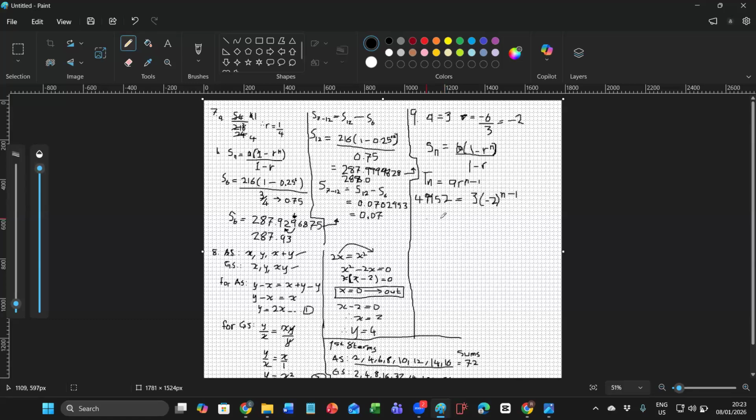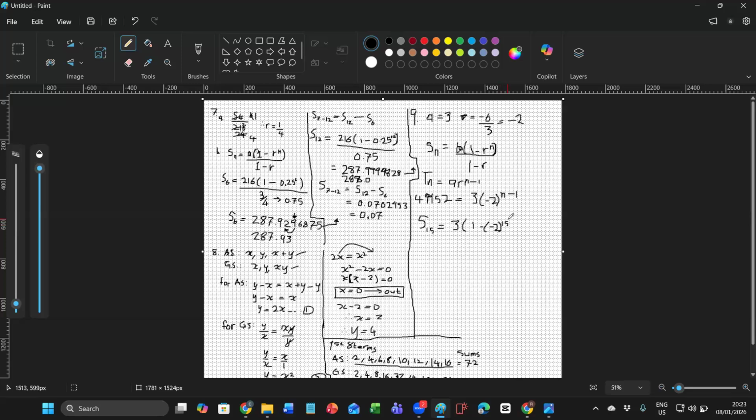Okay, so if it is 15, let's just work with it then. If it's 15, then S15 will be equal to 3 into 1 minus, I have to be careful with this one, minus 2 raised to the power of 15.